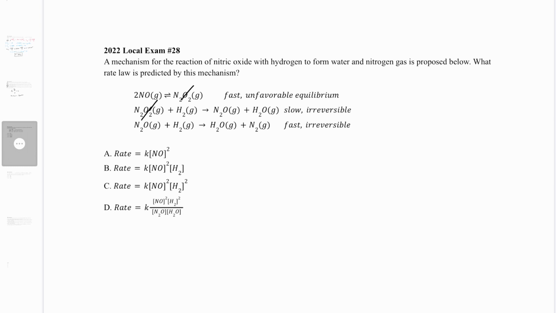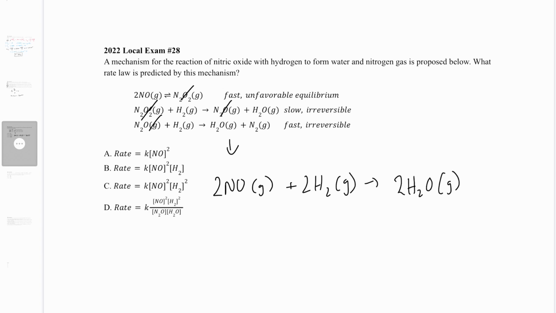N2O2 is an intermediate, so that gets canceled out. That's also an intermediate. So what you're left with is 2NO gas reacting with 2 hydrogen gas to form 2 waters and nitrogen gas.